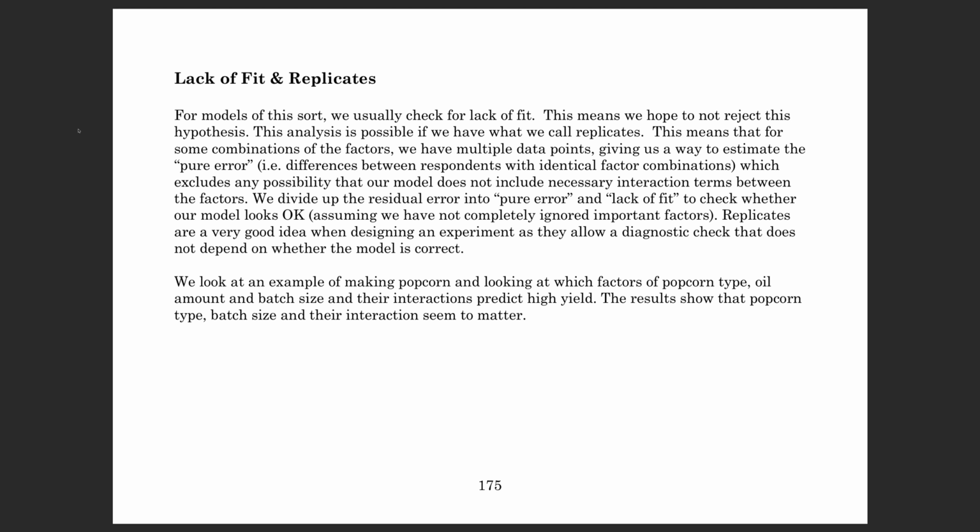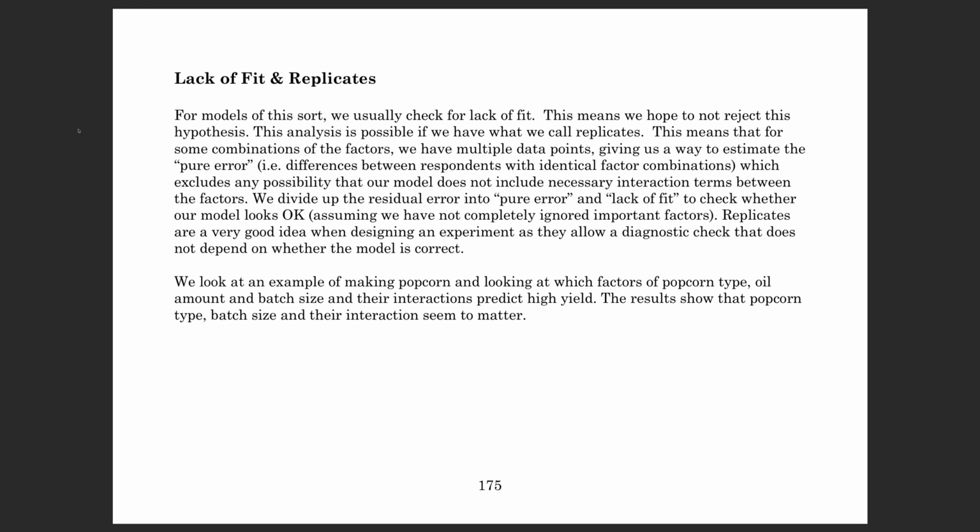So this excludes any possibility that our model does not include the necessary interaction terms between the factors, because we may not be including all the interaction terms. So we can divide up the residual error into what we call pure error, and the other part is the lack of fit.